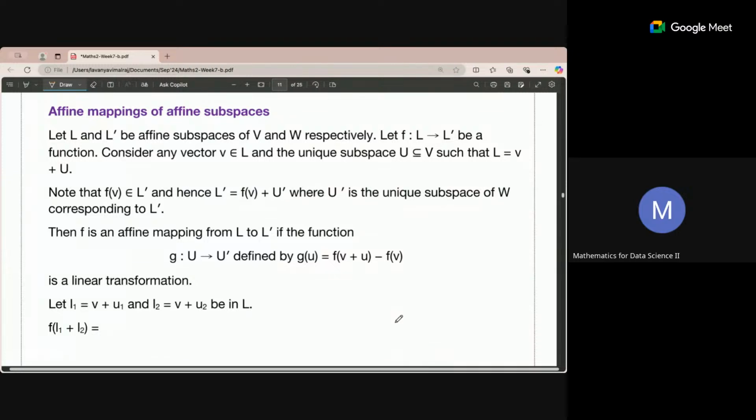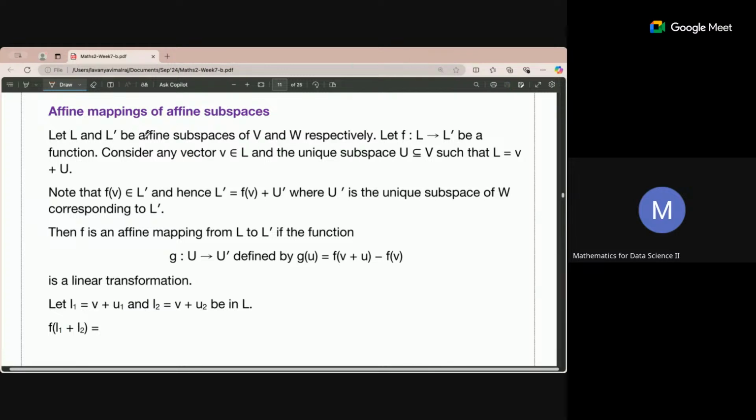So for this course, don't worry too much about affine mappings. We will look at the definition, maybe an example also, but just know what an affine mapping is. Just know the definition.